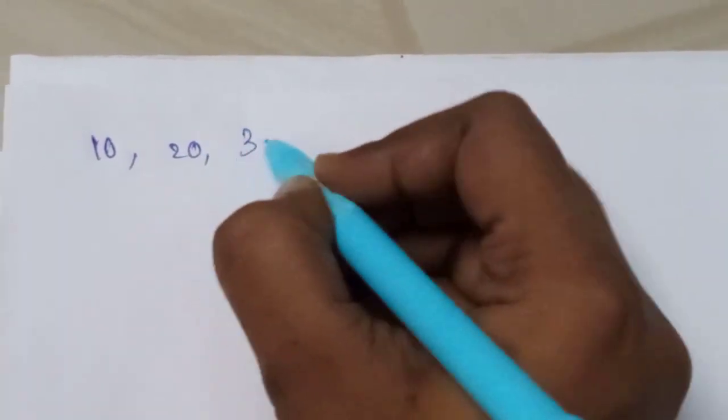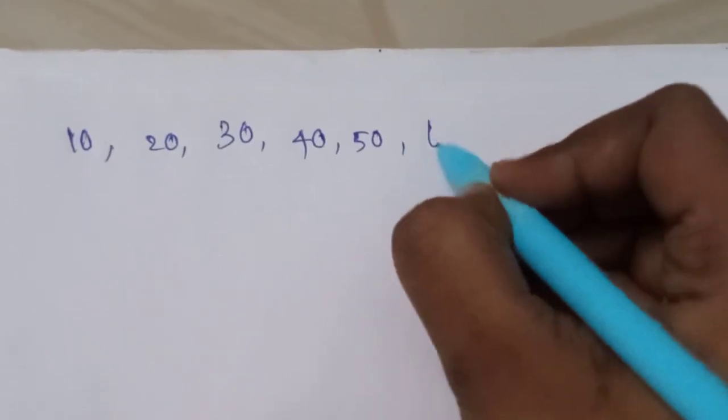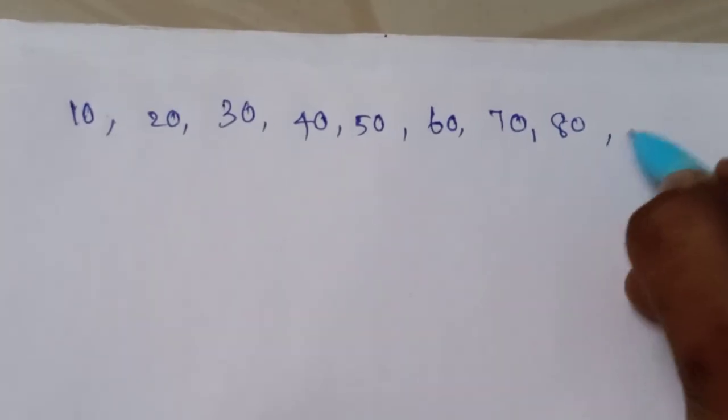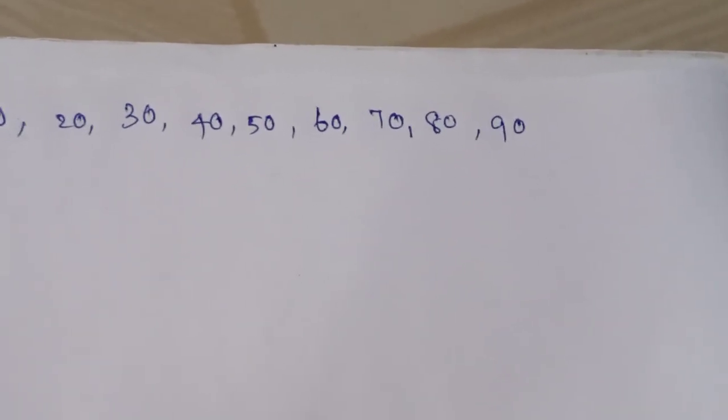First we will write the multiples of 10: 10, 20, 30, 40, 50, 60, 70, 80, 90. Now we are going to draw a magic square for this.